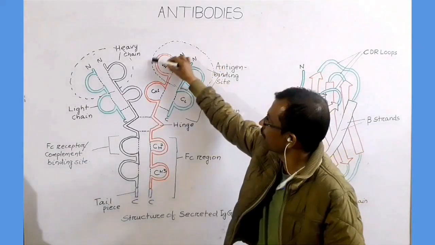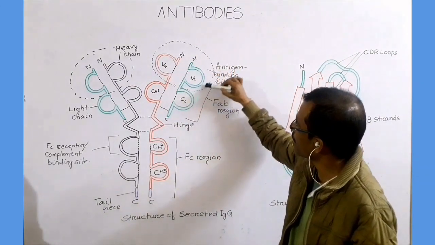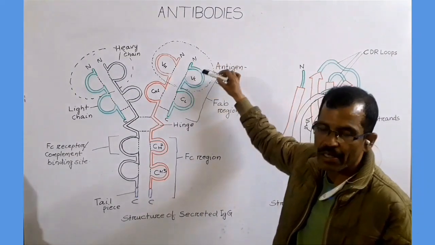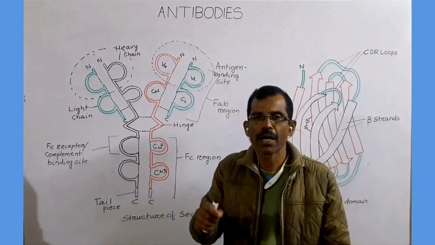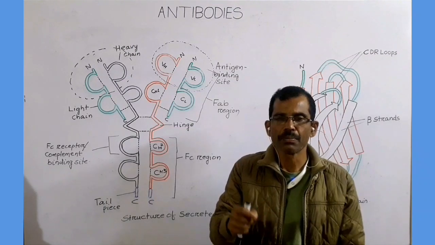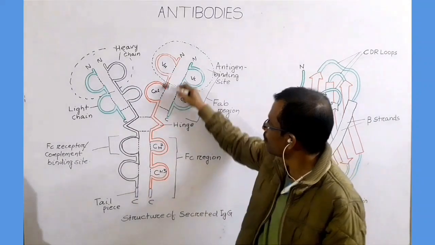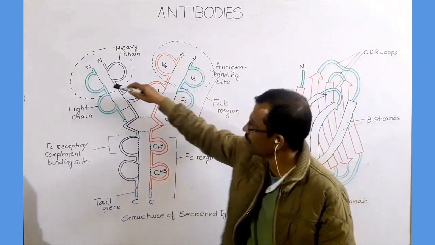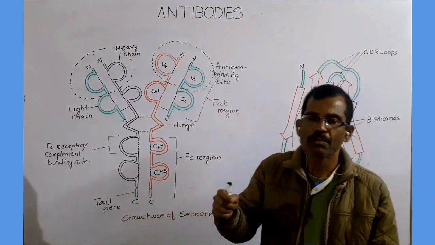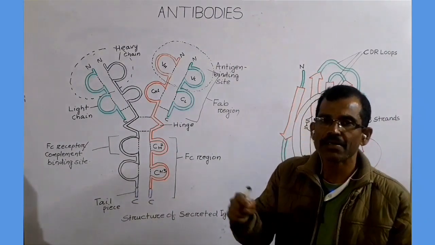The variable region of one heavy chain and the adjoining variable region of one light chain form an antigen binding site. Because the core structural unit of each antibody molecule is composed of two heavy chains and two light chains, all antibody molecules will have at least two antigen binding sites.